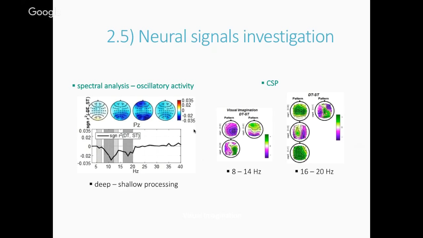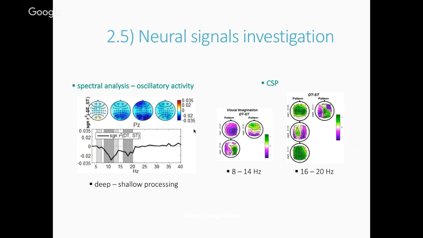And what CSP does, it's a further measure of discrimination, and it distinguishes the activity sources with the maximum variance between the two conditions.